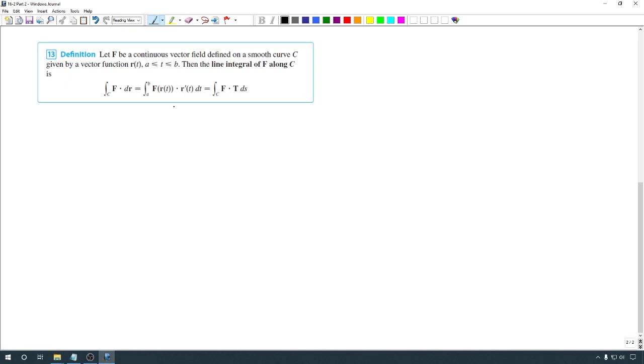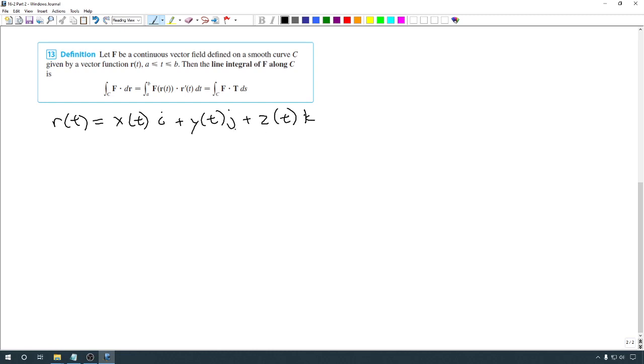Now, a lot of the examples will actually be written in a little bit different form. So here, if we write r of t as a parametric curve, we have some function for x, we have some function for y, and we have some function for z.